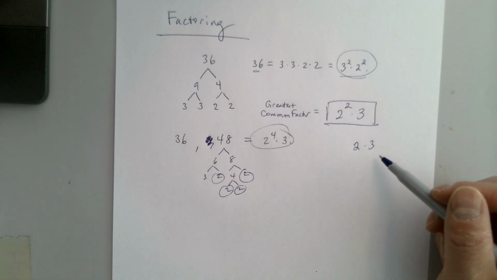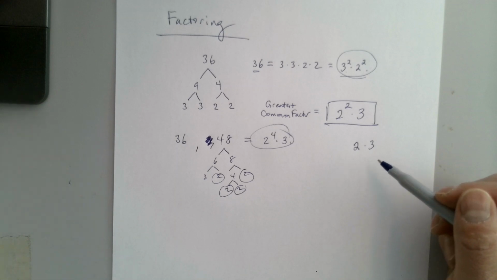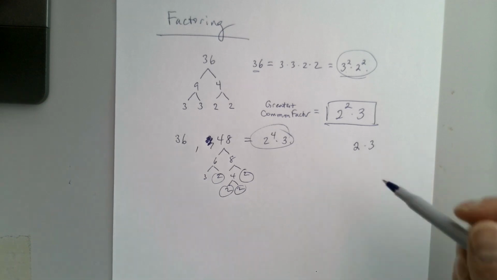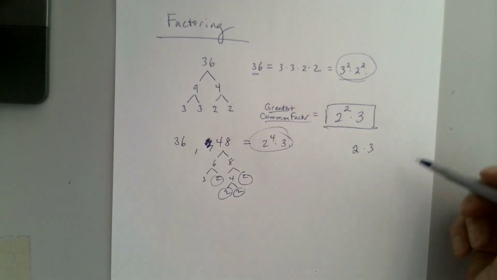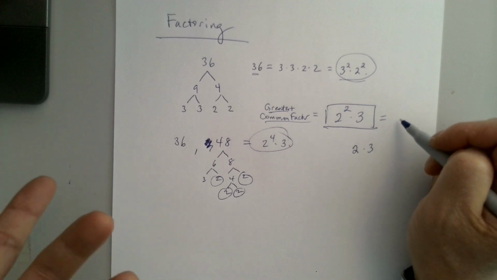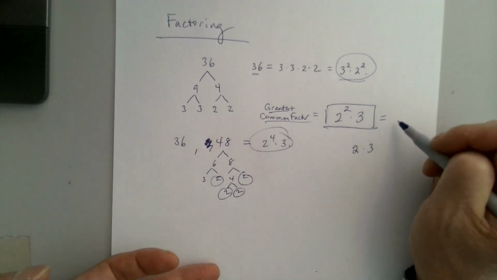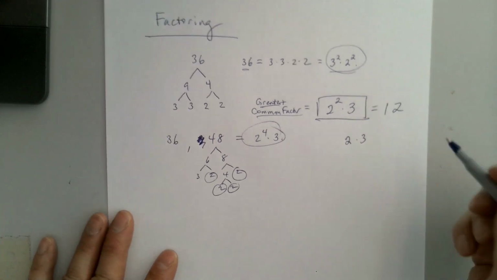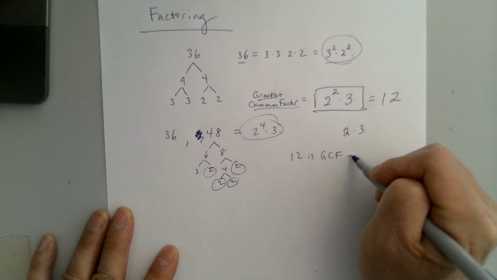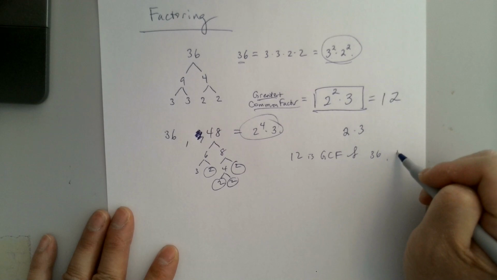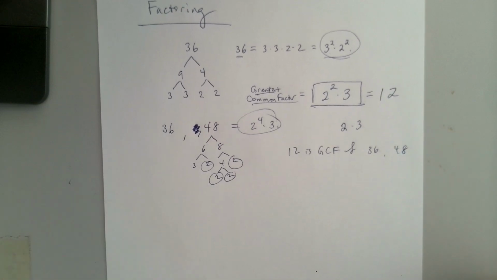But that's not the most that they have in common. Sometimes we just want any common factor for whatever purpose, but sometimes we want the greatest common factor. And in this case, the greatest common factor is 2 squared times 3, or 12. So 12 is the GCF of 36 and 48.